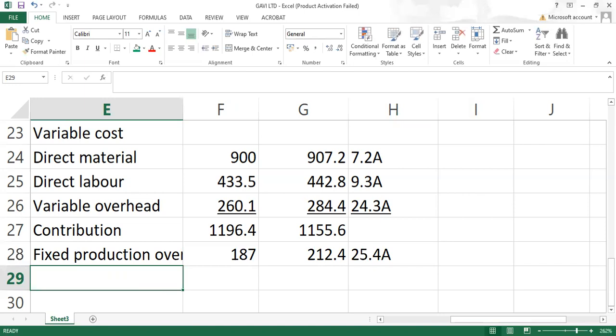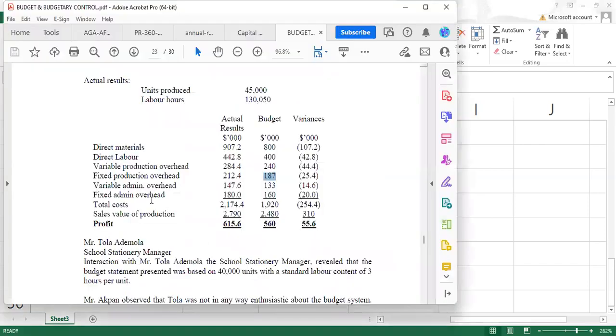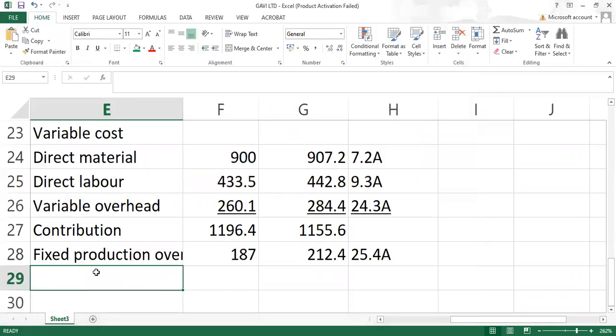The next item is what? Variable admin overhead. This one, it will vary by what? What activity level will trigger variable admin overhead?